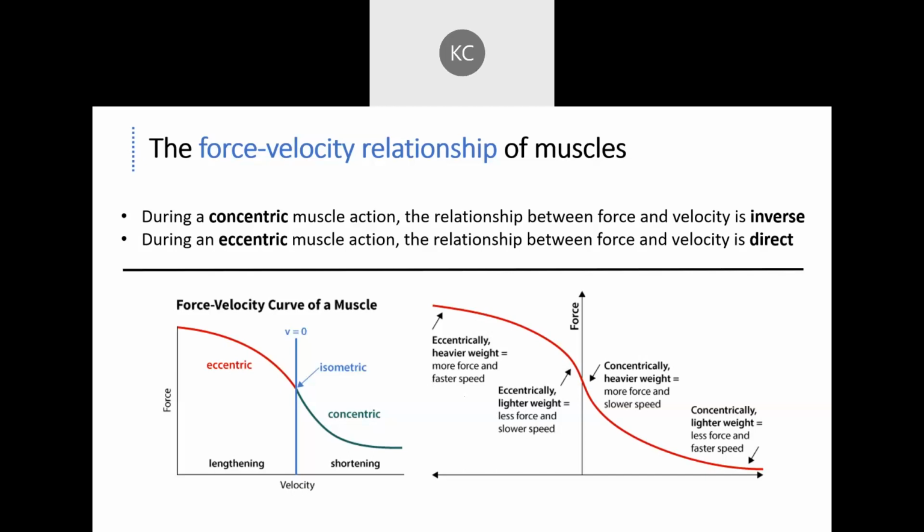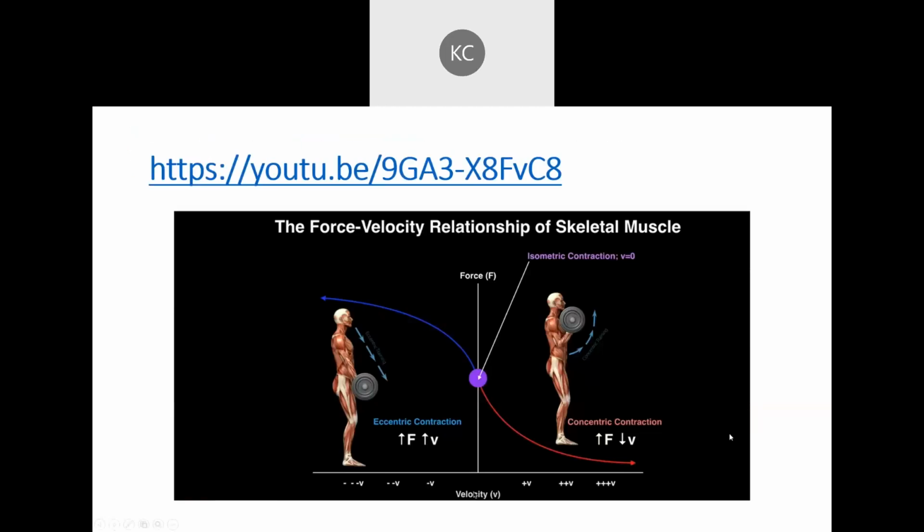So you can think about this. It's not as confusing as it seems whenever you think about, is the muscle getting longer or shorter? And then what's the relationship between the weight of my object and the speed? Is it direct if I'm looking at an eccentric contraction, or is it inverse when I'm looking at a concentric contraction? You have access to this video in your notes.